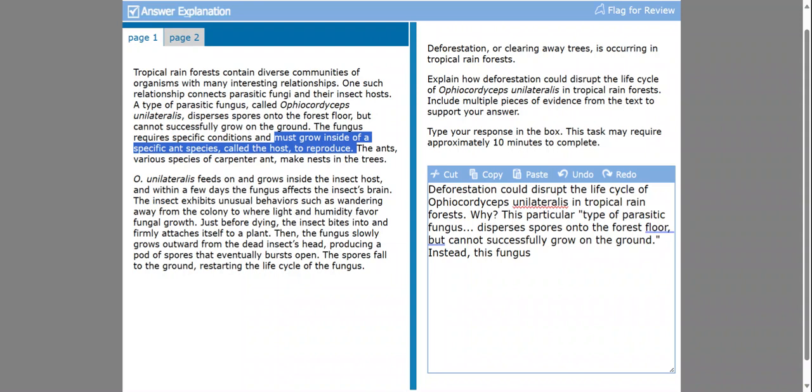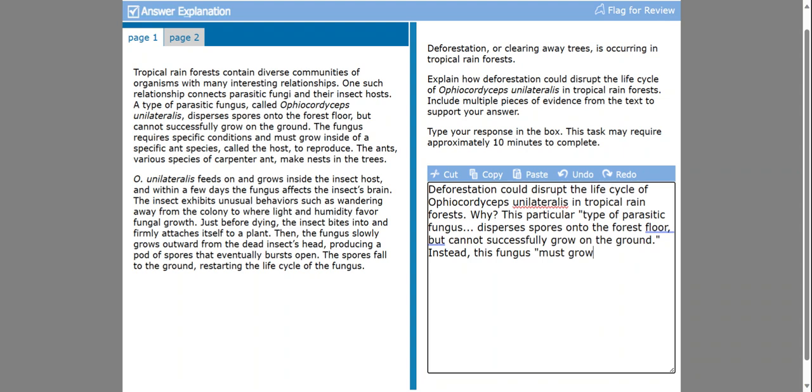The ants, various species of carpenter ant, make nests in the trees. So I can say instead, this fungus must grow inside of a specific ant species. And then I can put the ellipses, or period, period, period, to reproduce.